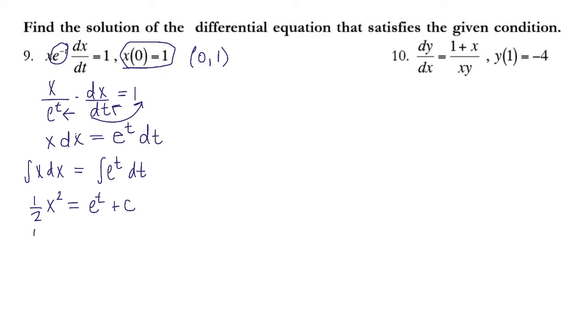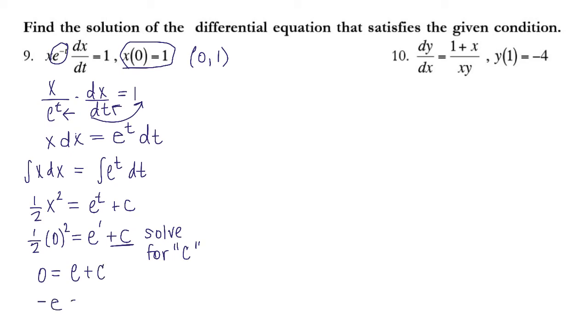So I'm going to have 1/2 times 0 squared equals e raised to the first plus c. And so here we will solve for c, and that's always the case for these. You need to find that value for c. And so here I have 0 equals e plus c. So that tells me that c has to be equal to negative e.